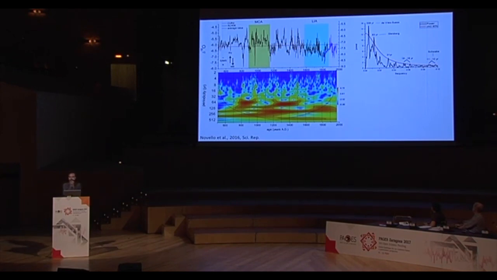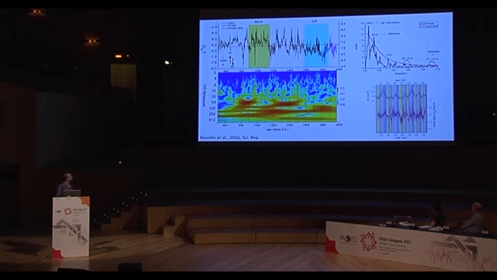Basically, all these periodicities are related to solar cycles. And when we perform this wavelet analysis, we see the most predominant period is this 280 years. You can see these peaks in the figure at the top. It's very visual, these periods there.